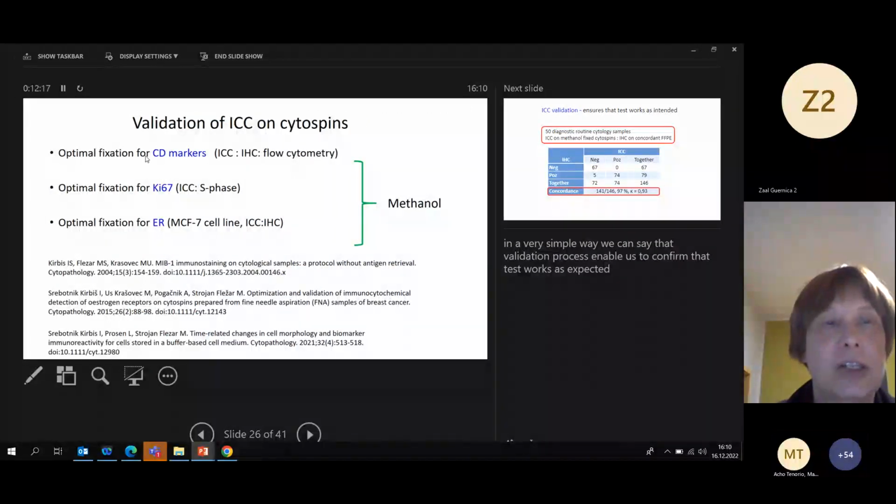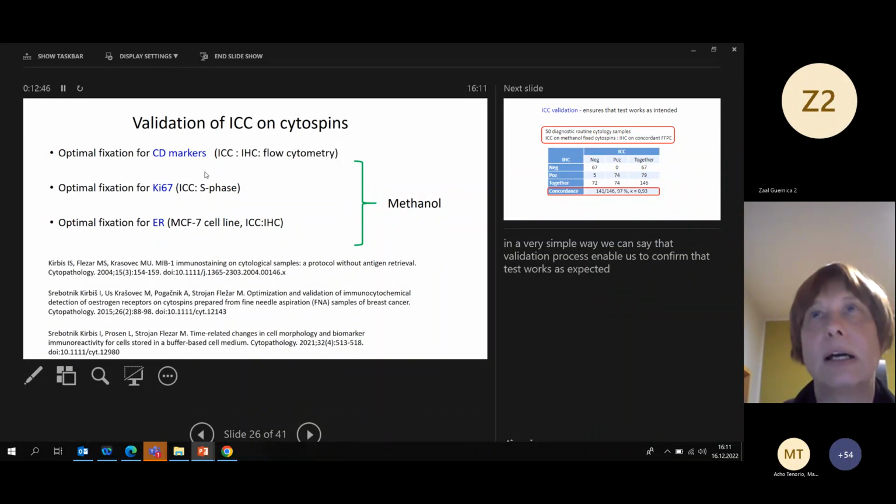Our first validation study was, I think, 30 years ago, first for CD markers, where we compared ICC results with flow cytometry results for different CD markers. And at this point, we determined that air drying of slides before or after fixation has a detrimental effect on all CD markers.